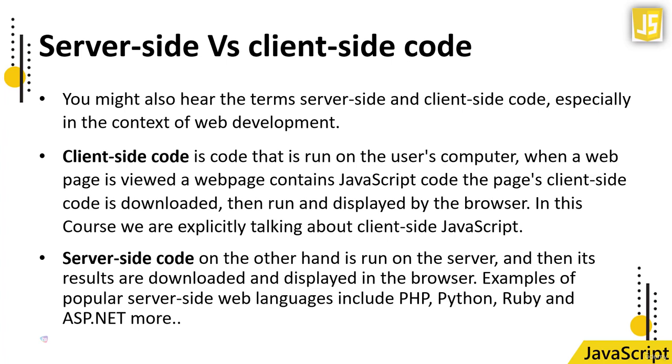Server-side code, on the other hand, runs on the server, then its results are downloaded and displayed in the browser. Examples are popular programming languages like PHP, Python, Java, Ruby, ASP.NET, C# and many more, which are compiled on the server side.